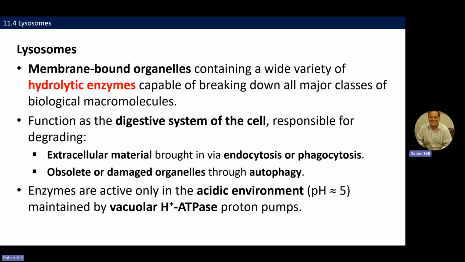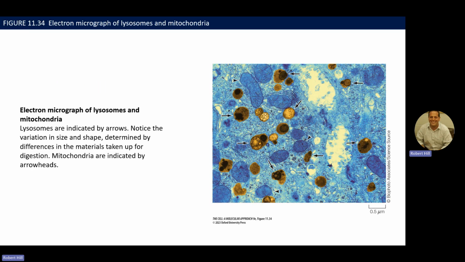All right, so one thing that's unique about these lysosomes is that in order to provide an environment in which these hydrolytic enzymes can work, it needs to have a low pH inside the lysosome. So covering these lysosomes are proton pumps, right, that will use active ATPase to pump protons in from the cytoplasm into the lysosome.